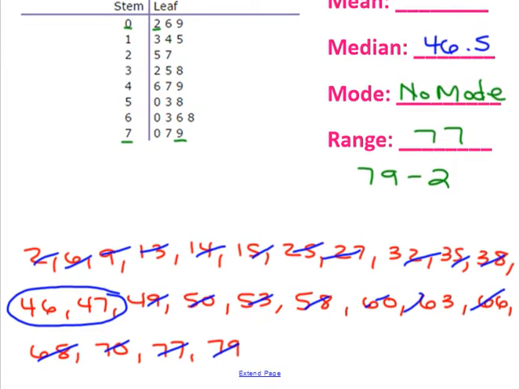And then I need to add up all my numbers and find my mean.